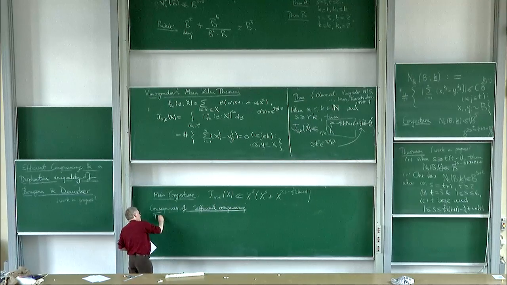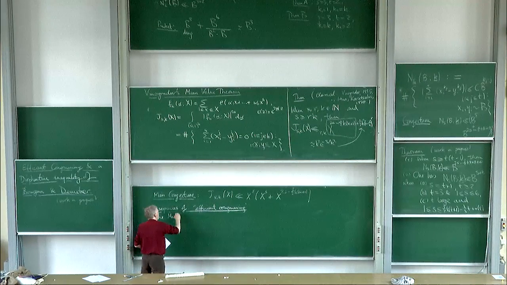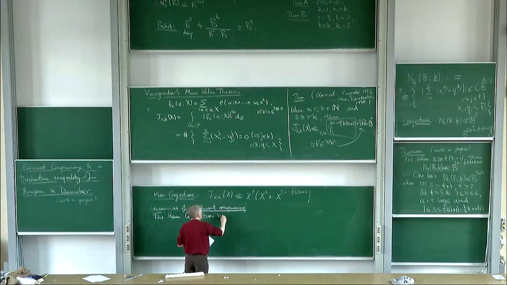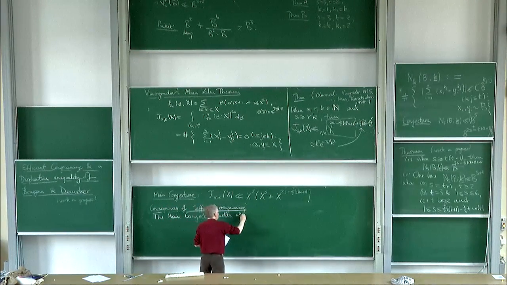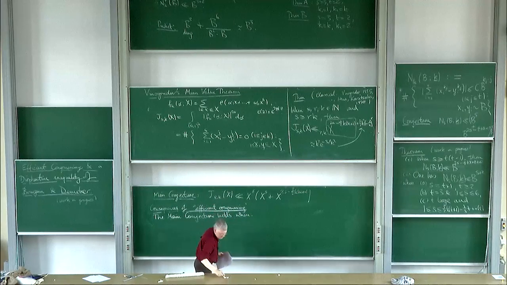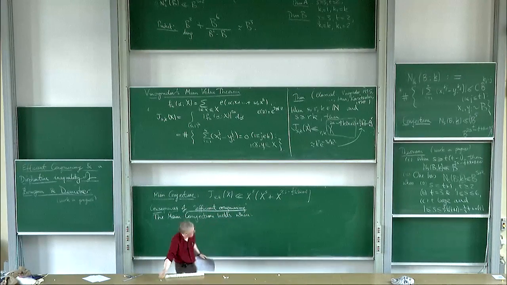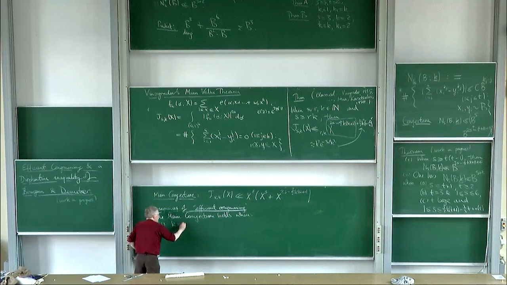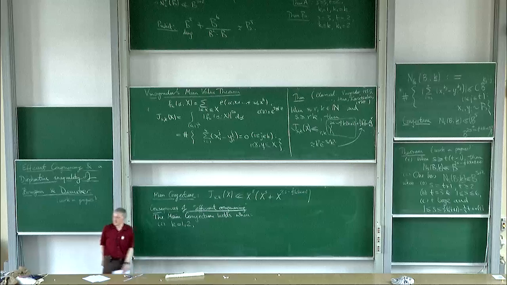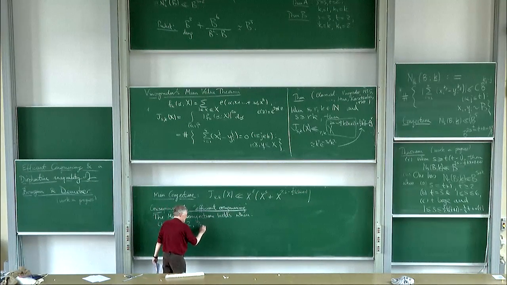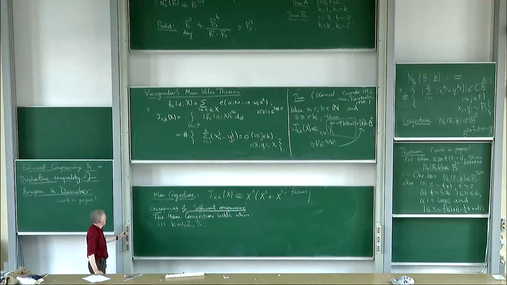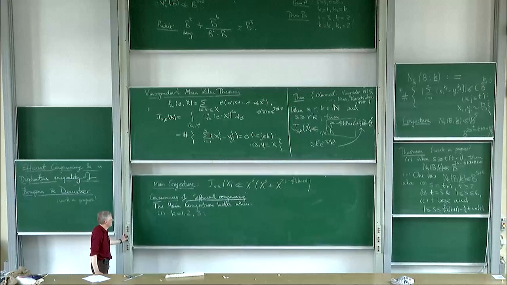So the main conjecture holds in some cases. While k equals 1 and 2 are classical, finally we have some higher degree situations where these conjectures are now known to hold.